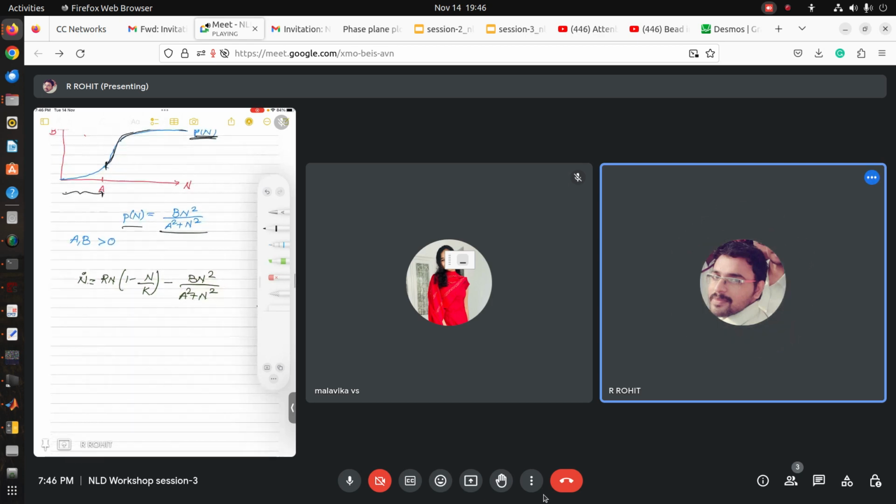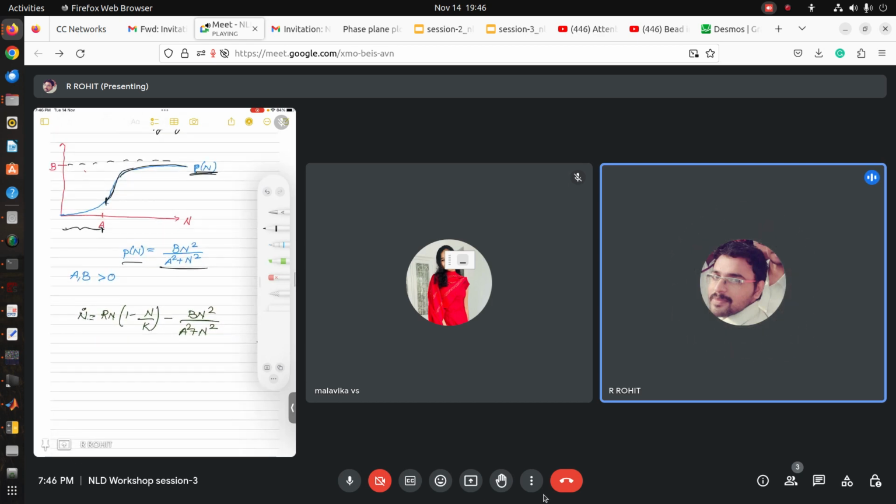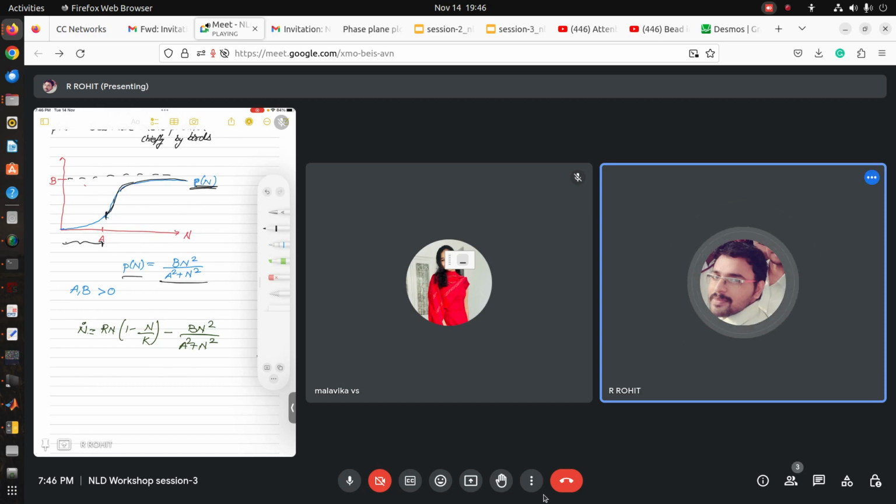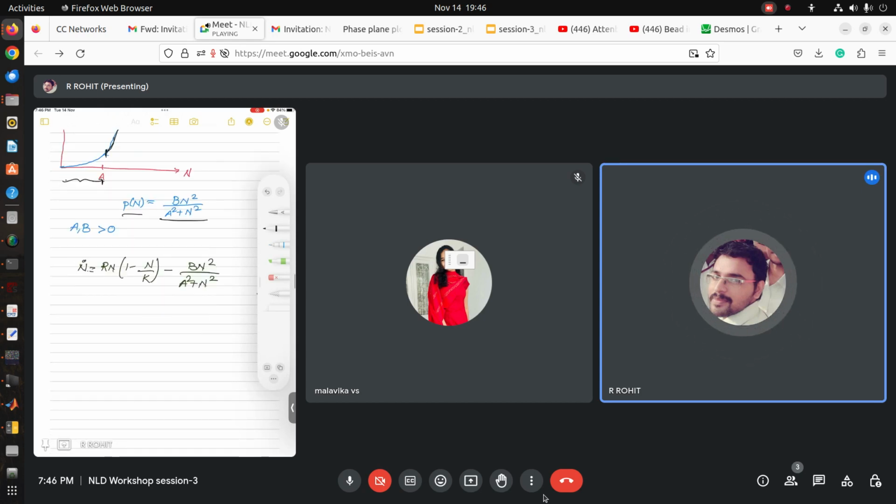He didn't change any tree species or anything. Instead, he just considered the predation level, using an equation of the form b n square by a square plus n square. As a net result, the equation reduces to r n into 1 minus n by k, minus b n square by a square plus n square.